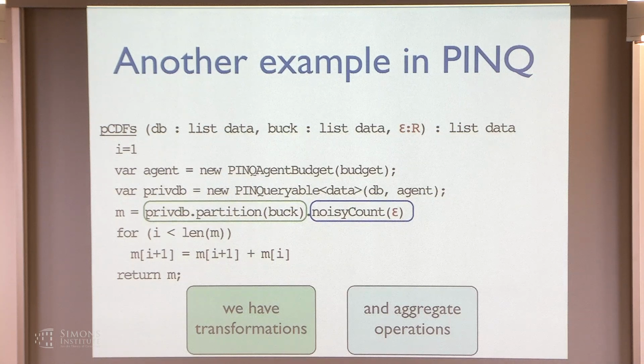So you cannot do a regular count. If you want, you need to do a noisy count. Since now this is a protected object, we need to guarantee that we do only operations that are safe.